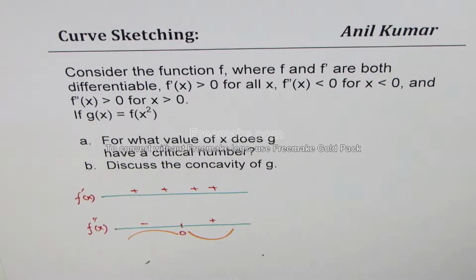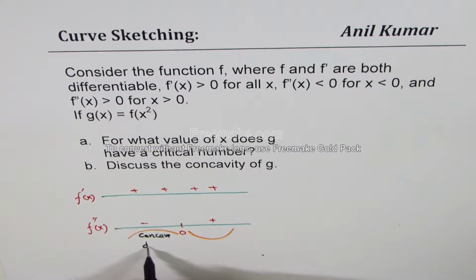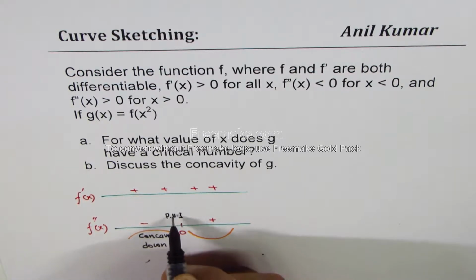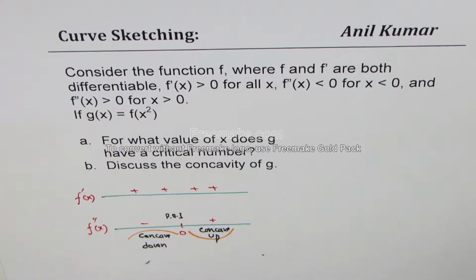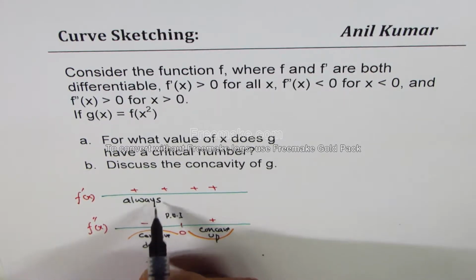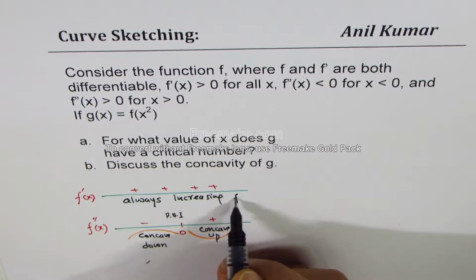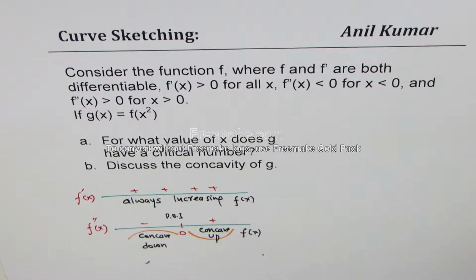Here it is concave down, and then we have a point of inflection, and then it's concave up. So this information is given to us. When we say that the first derivative is positive, it means always increasing. This I am writing about the function. Function is always increasing. Do you understand?